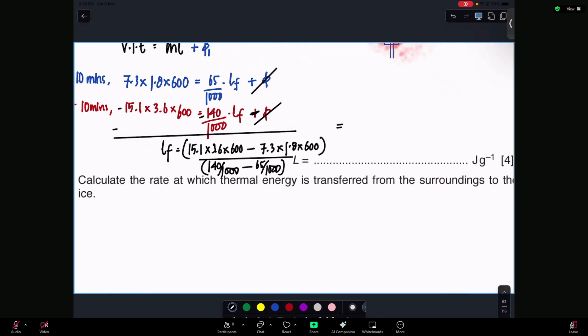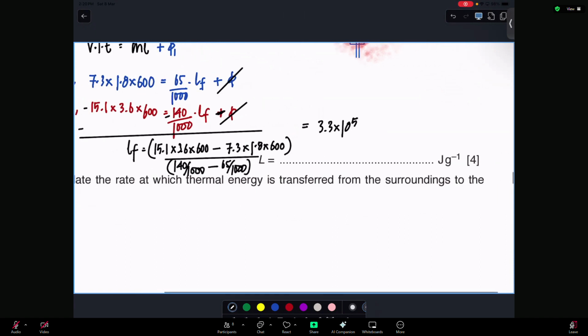I think so. It's 3.3 into 10 to the power, okay, I'm not sure about the value, I'll check. So this is going to be 330 kilojoules. No, I'm subtracting the smaller from the bigger one. Okay, 3, so let's write 3.3 into 10 to the power 5.